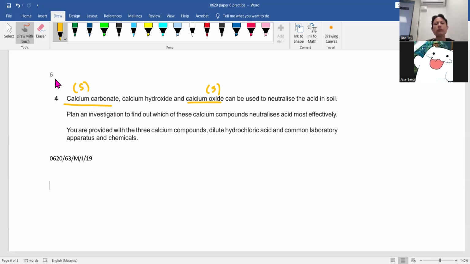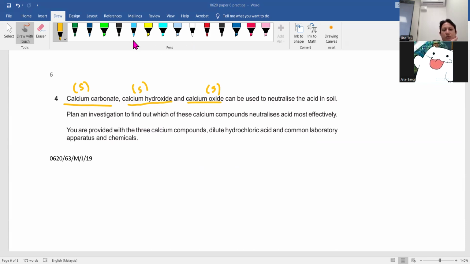If you do titration, your answer is wrong. Why? Because these are solids. Calcium hydroxide can dissolve in water, but in this case, it's a solid that we're using. So calcium carbonate, calcium hydroxide, calcium oxide can be used to neutralize the acid in solid form.